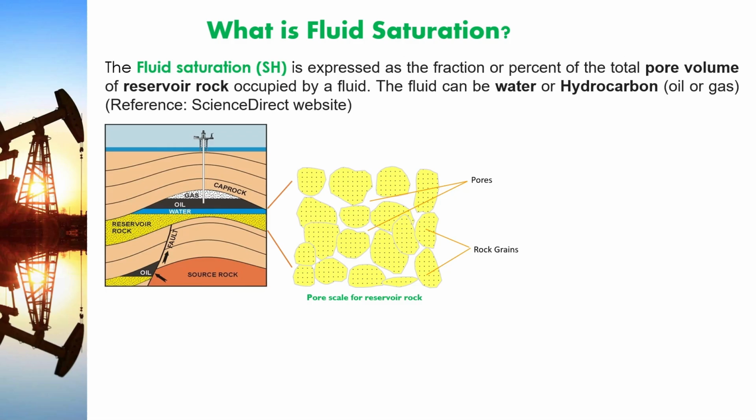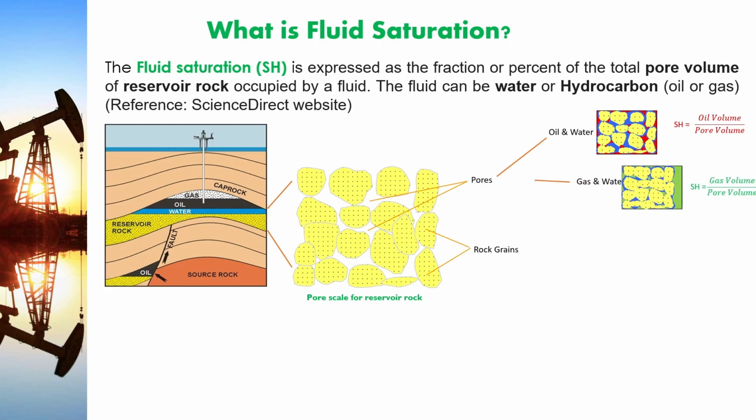In a petroleum reservoir rock, the pores are never empty, they are always filled with fluids. The pores can be filled with oil and water, or gas and water, or sometimes only water.